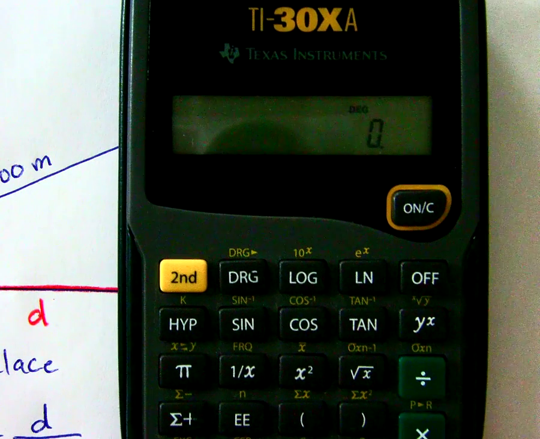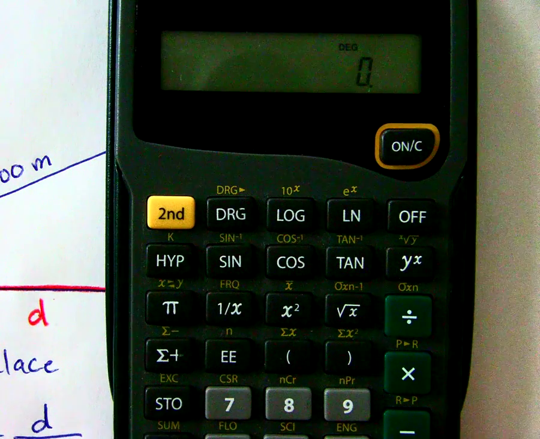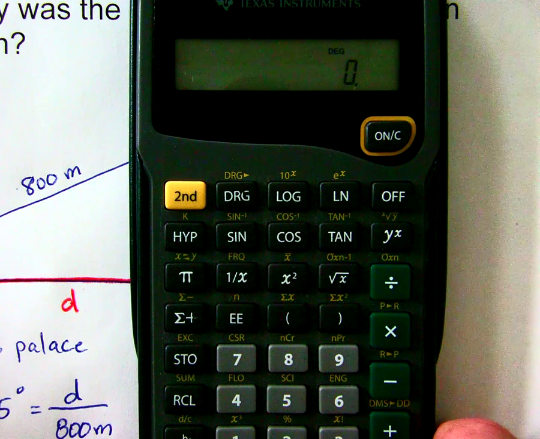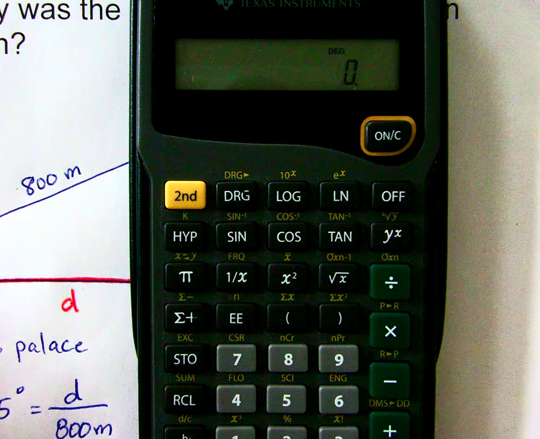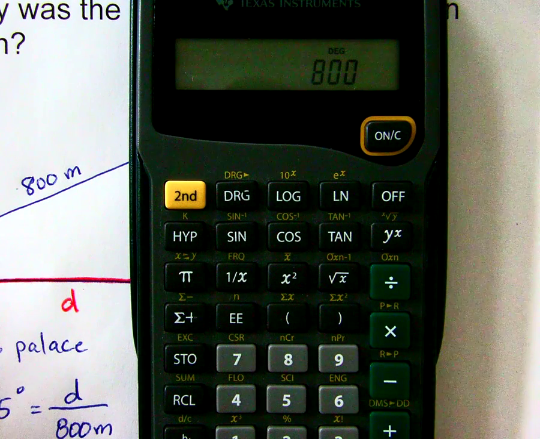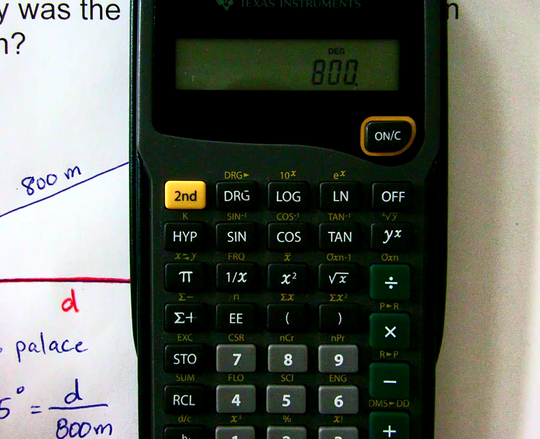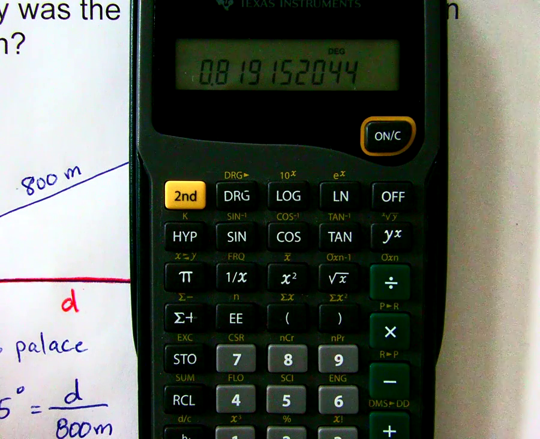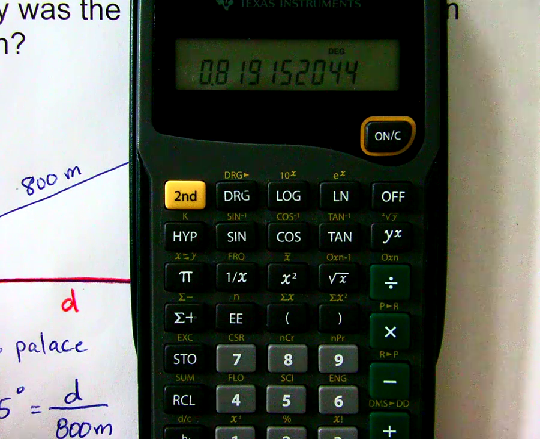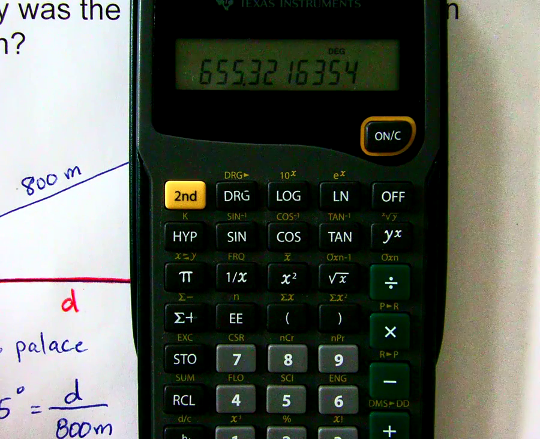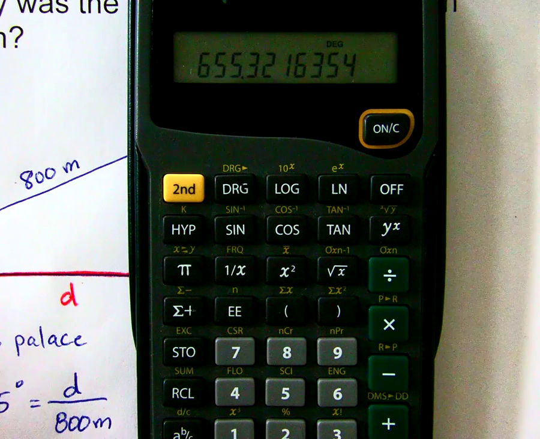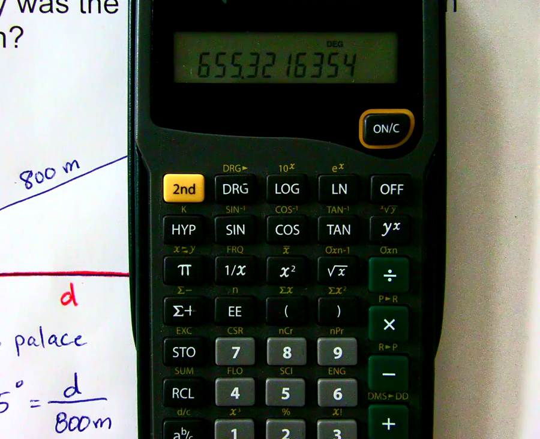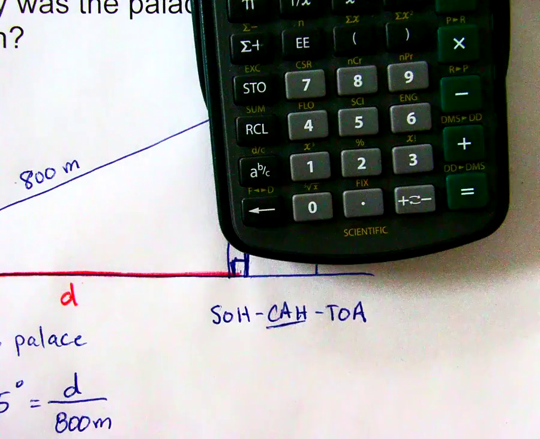This is the kind of calculator where I don't see everything, so when I put in 800 times the cosine of 35 degrees, I'm going to do 800 times, now I hit the 35 and then the cosine key. Now that's just the cosine of 35 degrees. I still have to hit equals to get my final value. So if we look at that, it's about 655 and 3/10 meters for d.